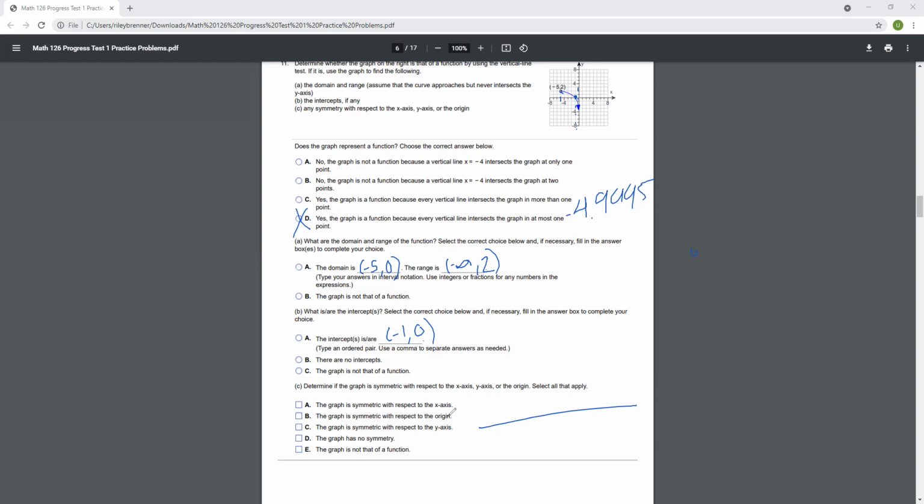If it's symmetric with respect to the origin, it is odd. If it's symmetric with respect to the y-axis, it's even. So odd, even, not a function.